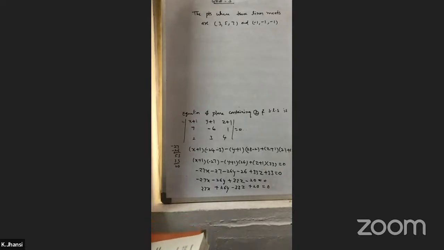And if the delta value is 0 and delta 1, delta 2, delta 3 are not equal to 0, then the planes form a prism. Okay, so you write these 3 points. Any example or exercise problem you get, you can solve with the help of this.